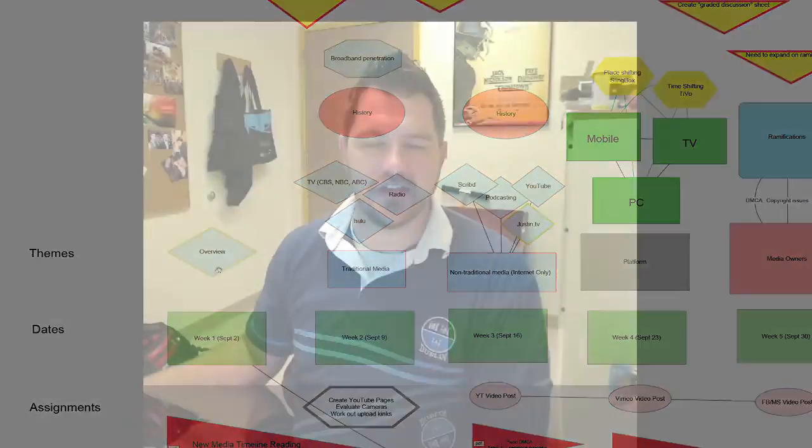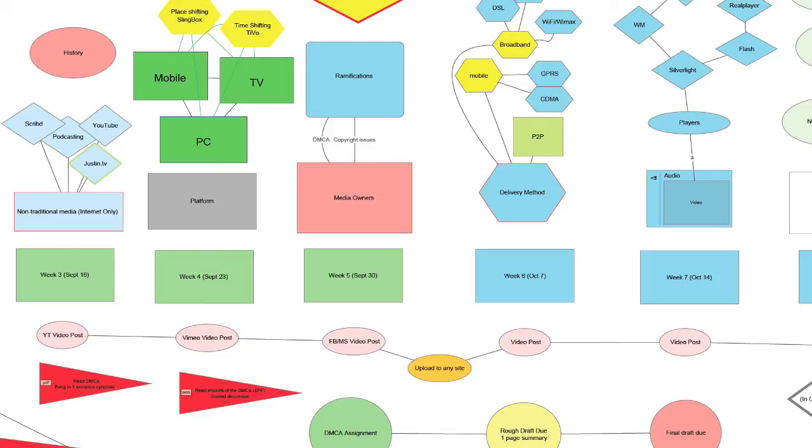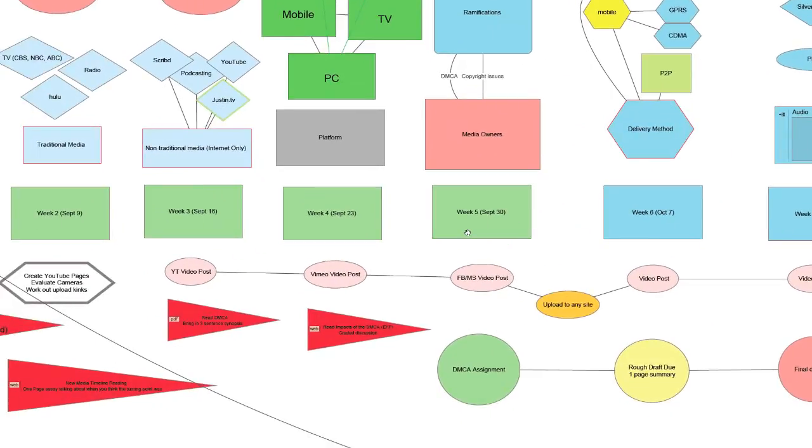These are some of the things where you're going to want to just do some web searches and kind of get a general understanding of what we're talking about before the class starts. Take 10 minutes, and you can brush up on it and really understand what we're talking about in each class. So, you'll see the themes: traditional media in week two, non-traditional media in week three, platforms, and it just goes up from there.